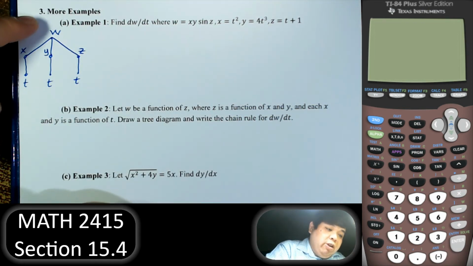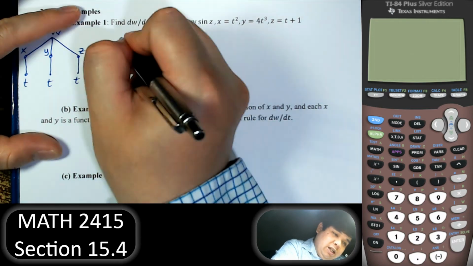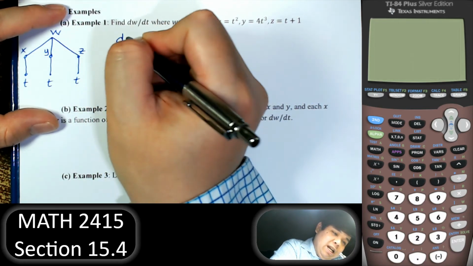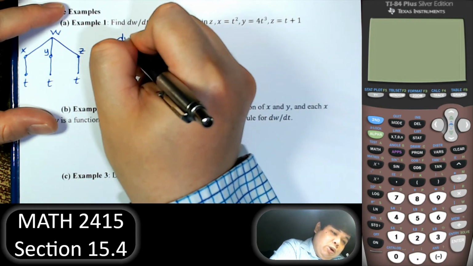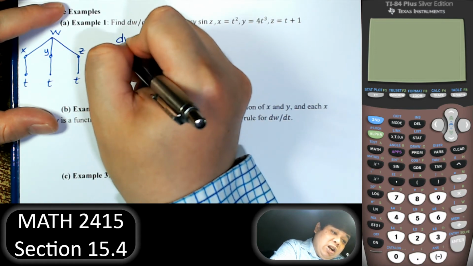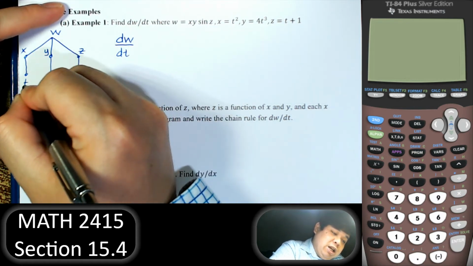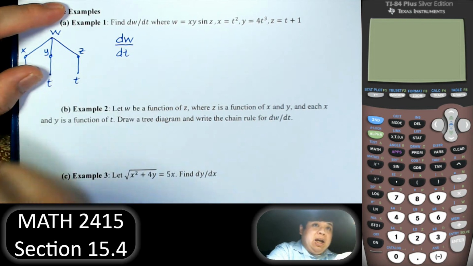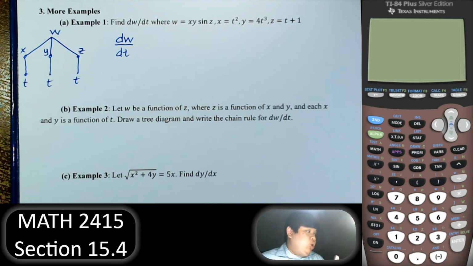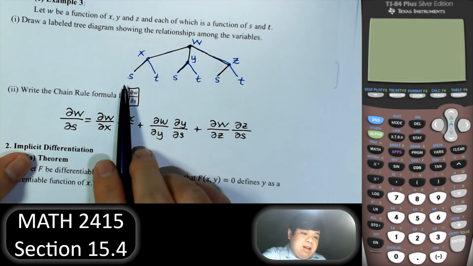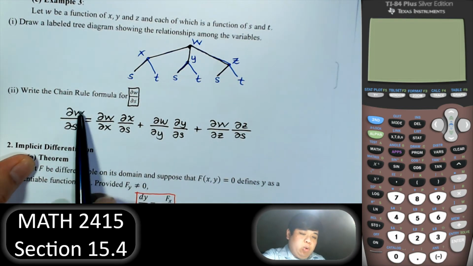So the derivative of w with respect to t. The reason we use d and not the curly d is because there's only one variable at the bottom, so that's just dt. If we have two variables at the bottom, like s and t, then that will be a partial derivative.